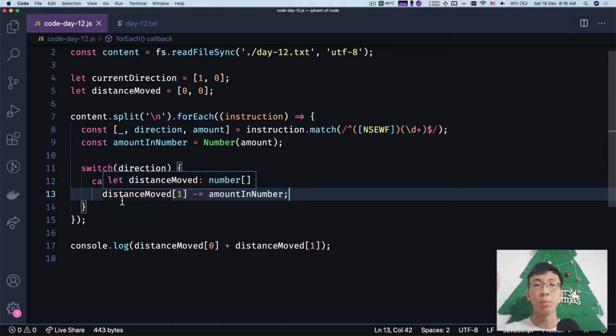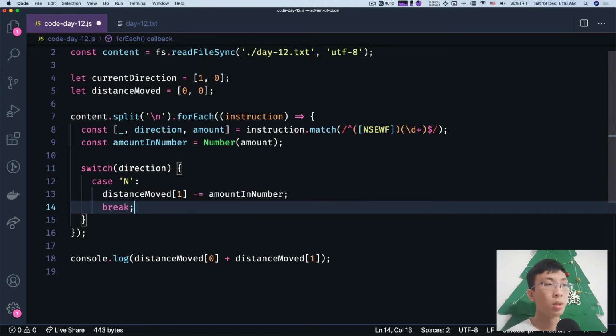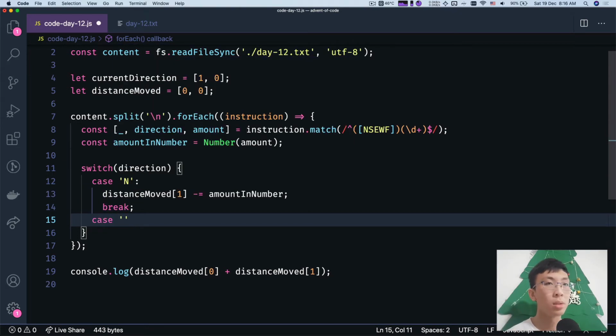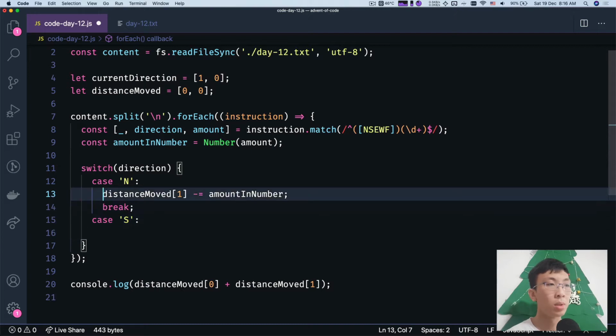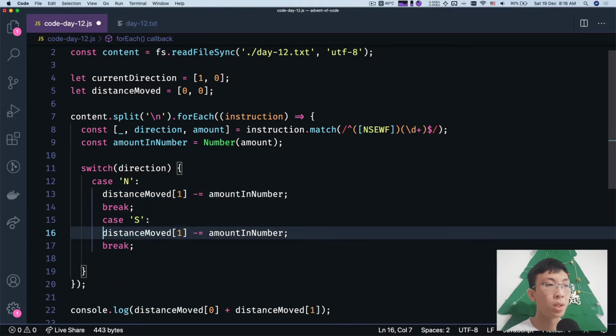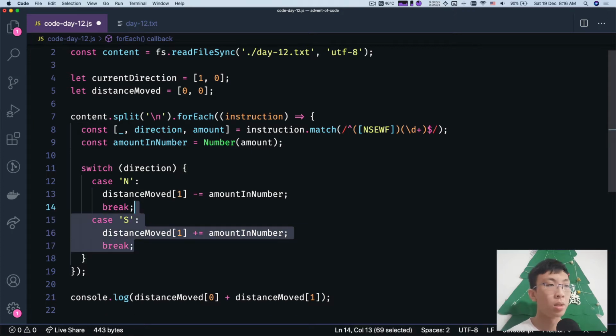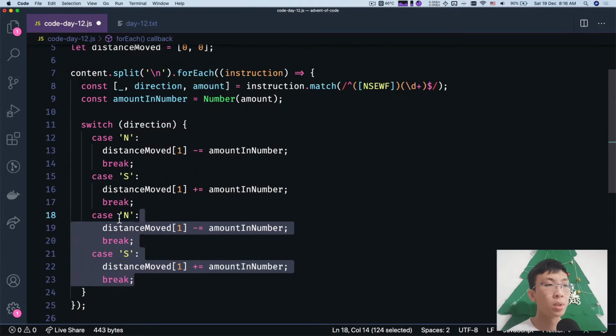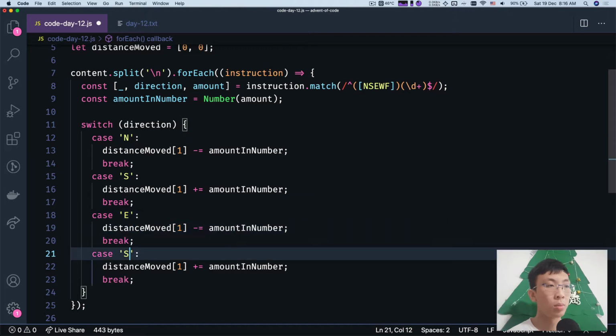From the top left all the way to the bottom right will be moving positive. So up is negative, down is positive, left is negative, right is positive. Break. So case south, we are doing the same thing, but it's adding. And we are probably doing the same for the east and west.